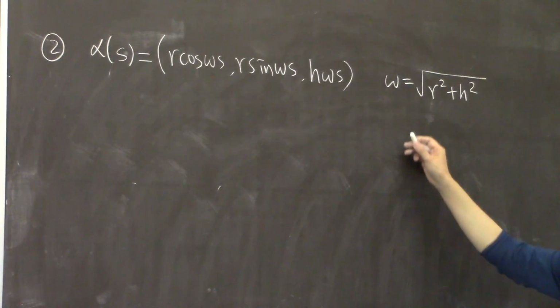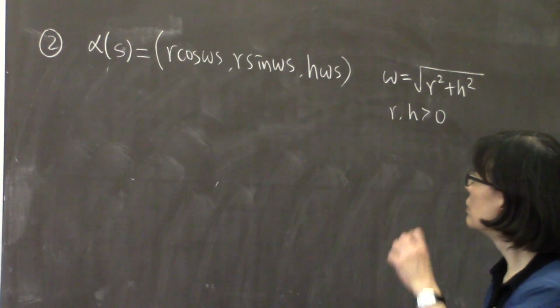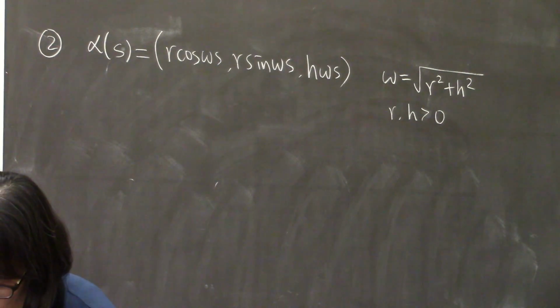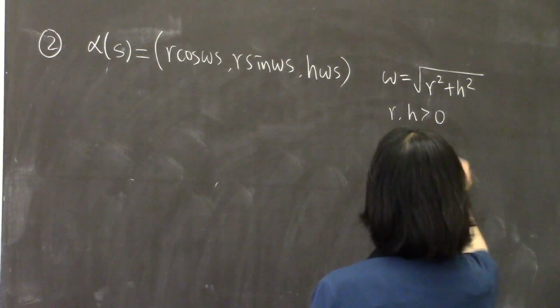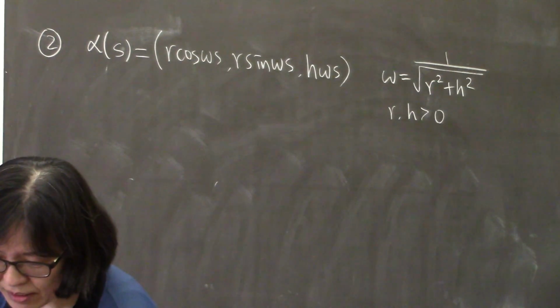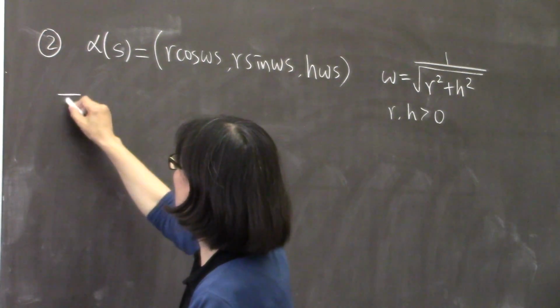So let's see this. R and H are positive constants. Sorry, that is 1 over. So what is T?